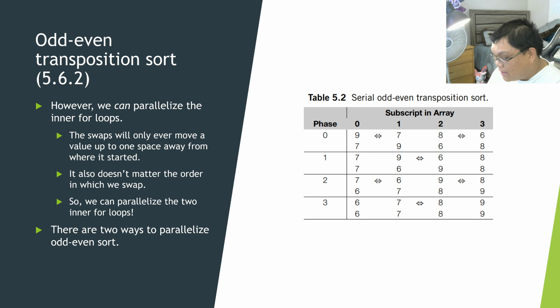That means we can do these swaps in parallel. Also, the swaps only ever happen with an element and an adjacent element. My point is we can parallelize the inner for loops.